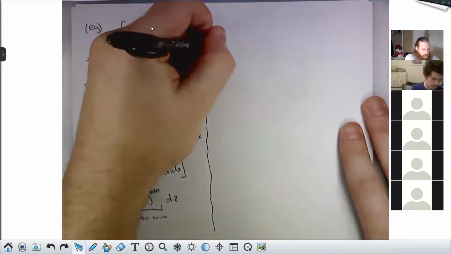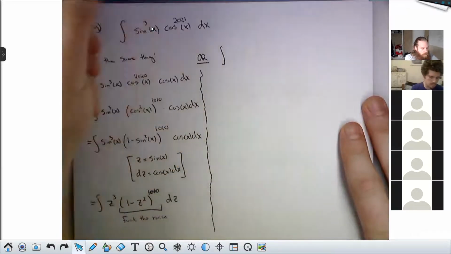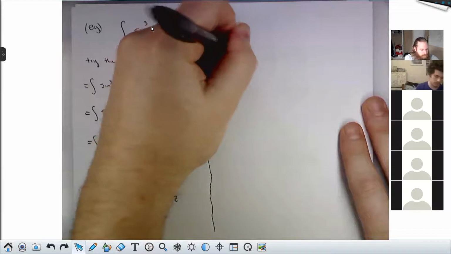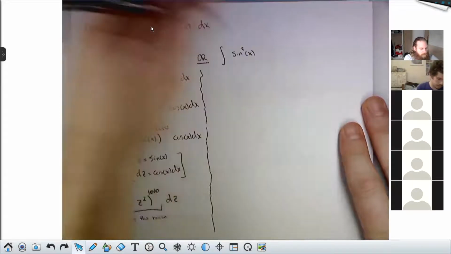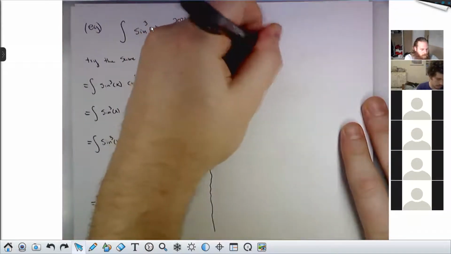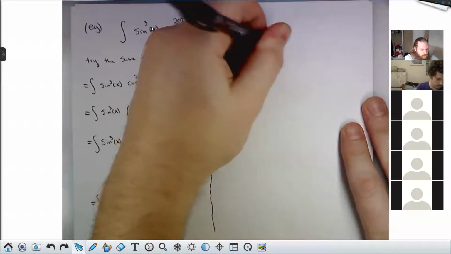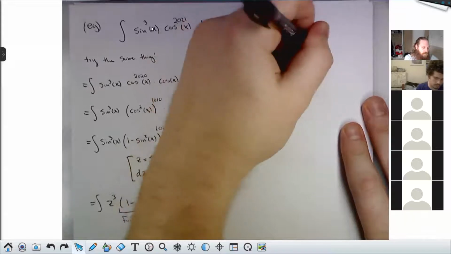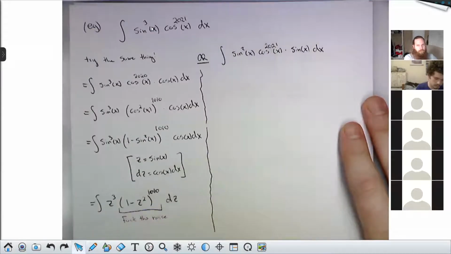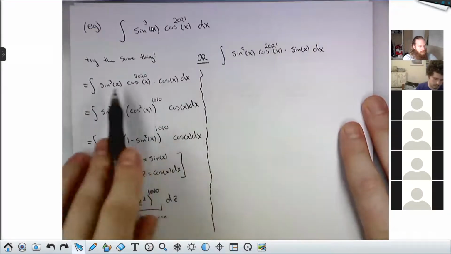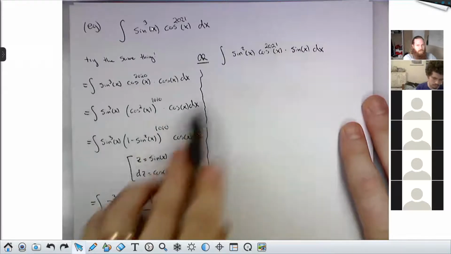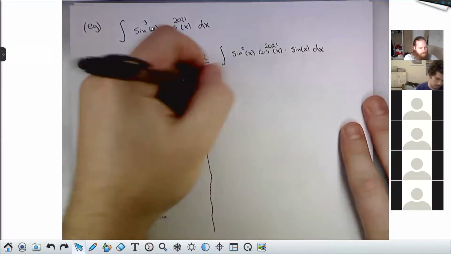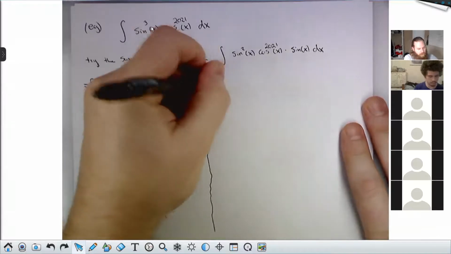I could say, okay, I'm going to split this up as sine squared x times cos 2021 x times sine x dx. And then instead of rewriting the cosines as sines, I can rewrite the sines as cosines and substitute for cosine.